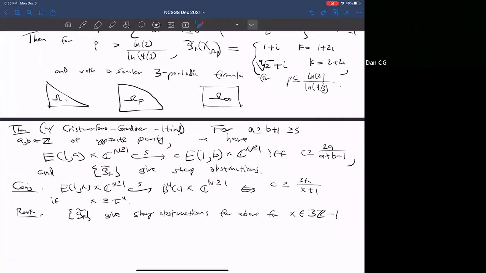Can I add one thing? Yep. Just towards Michael's question. For example, the theorem is definitely not true in a lot more generality. If you just took arbitrary integers A and B, and you dropped the condition of them having opposite parity, then it's just not a true statement anymore.